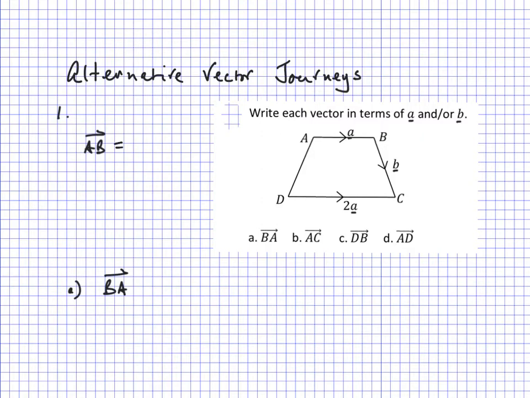AB can be written as small a, and while we're at it, BC can be written as small b underline. So how do we get from AB to BA? Well, we reverse direction. So BA is negative AB, and that is negative a.